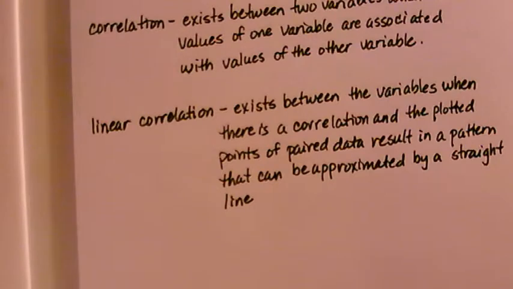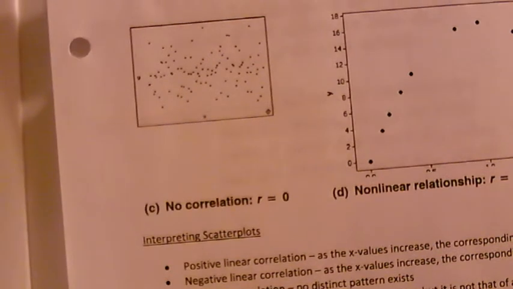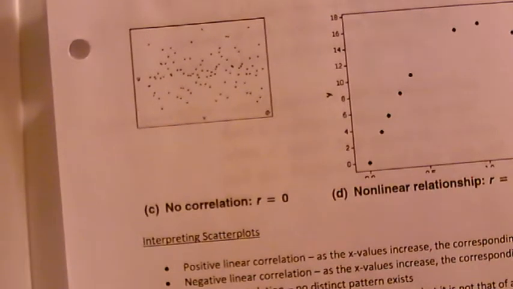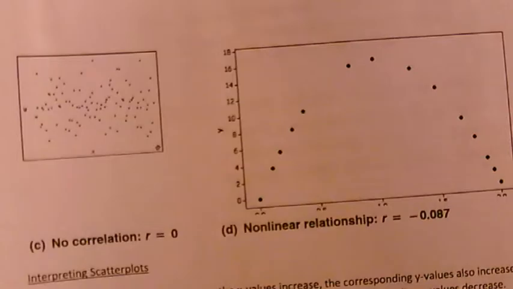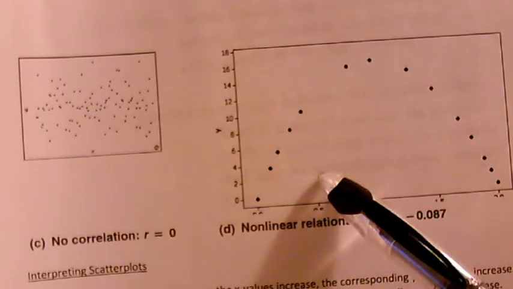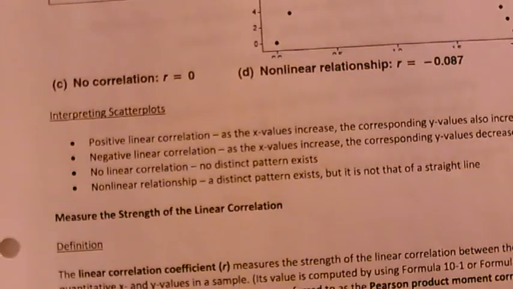Okay, next is a graph where there is no correlation. Here the points are scattered everywhere in the XY plane, so there is no correlation. Now this next one has a nonlinear relationship. It does have some type of relationship, as you can see, but it's not in the form of a straight line. So that would be considered a nonlinear relationship. And here's a summary of how we can interpret those plots.